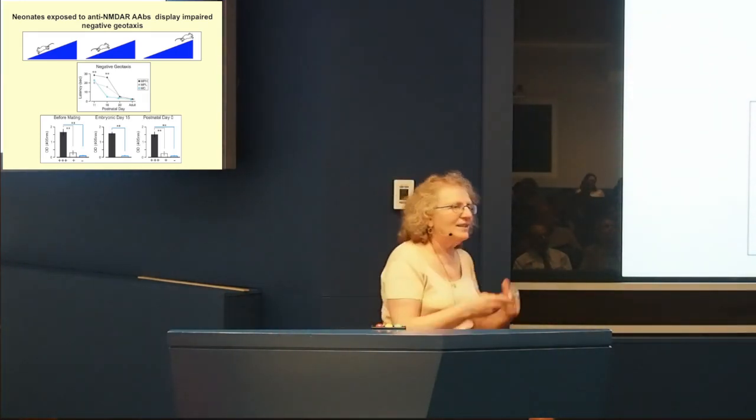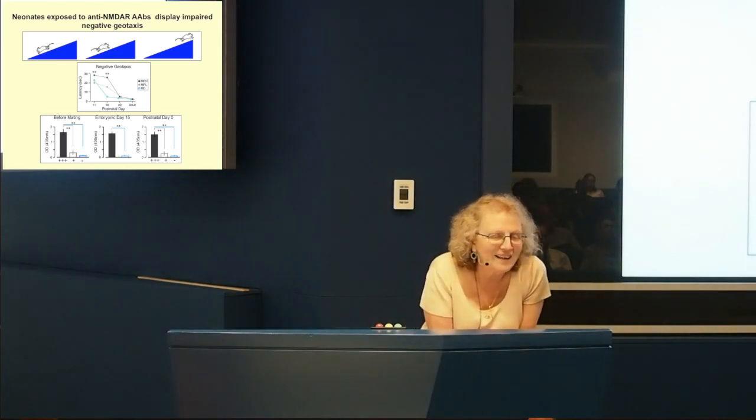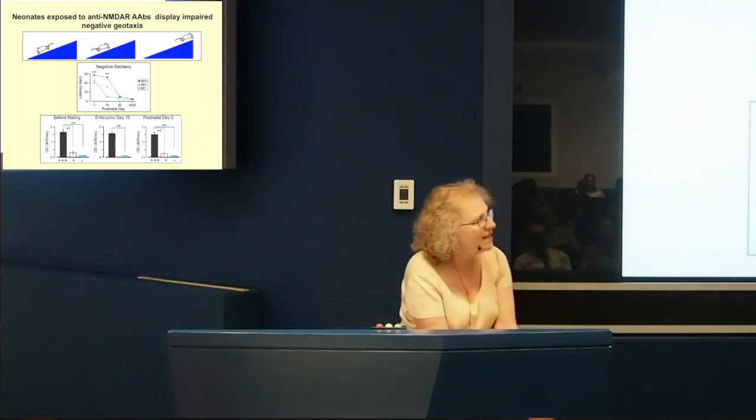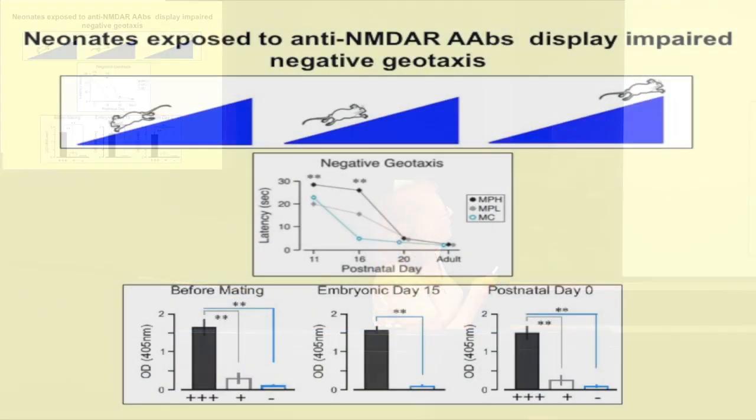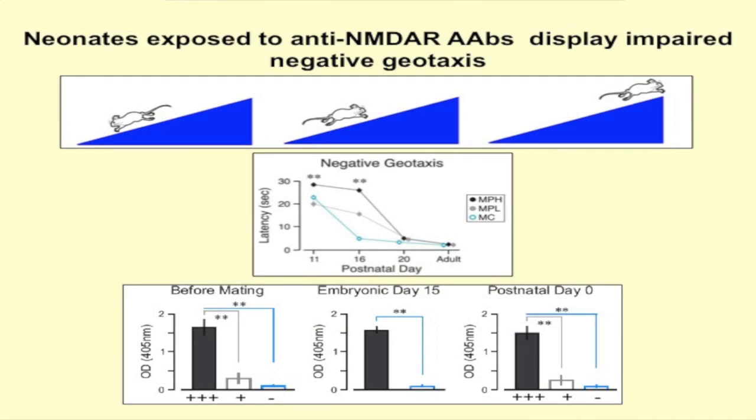And we subjected the mice to the equivalent of a mouse APGAR test. It's called negative geotaxis. You put a little pup face down on a slant, and it will turn around and walk to the top of the slant.